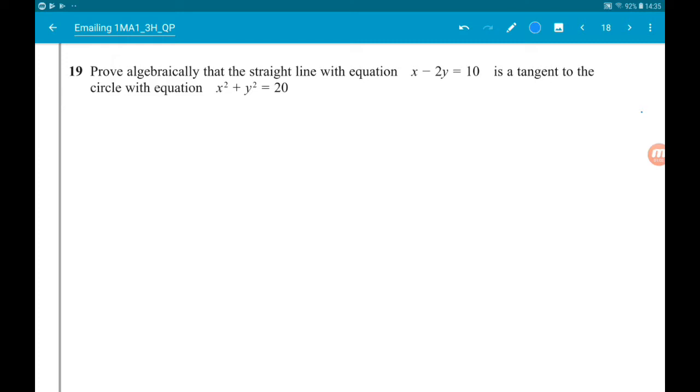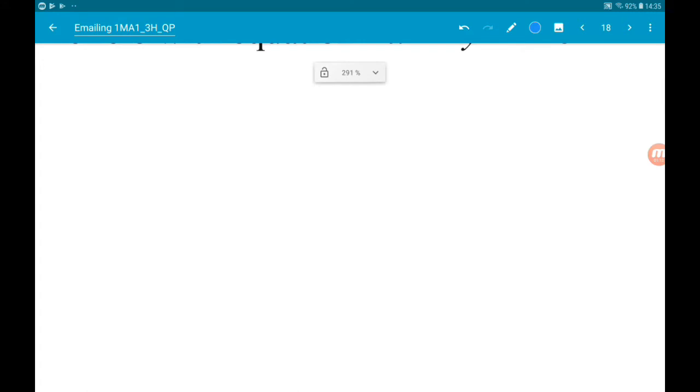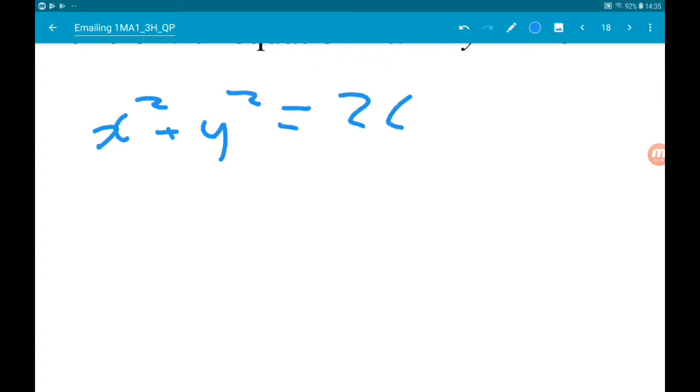Now to show that, we solve the equations simultaneously. So our equations then are x squared add y squared equals 20 and x minus 2y is equal to 10. Now, we use a method called substitution.